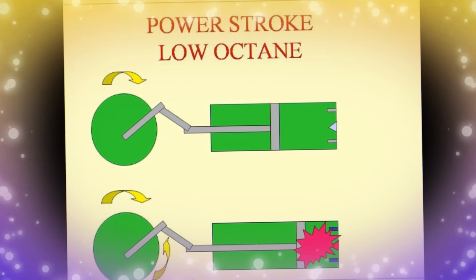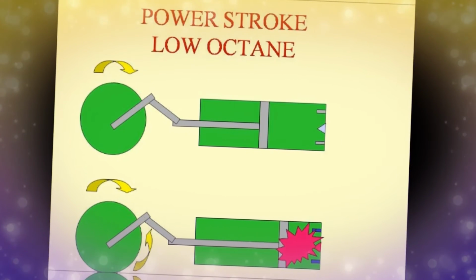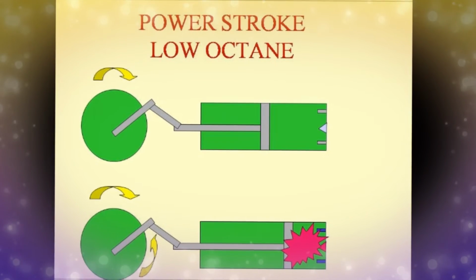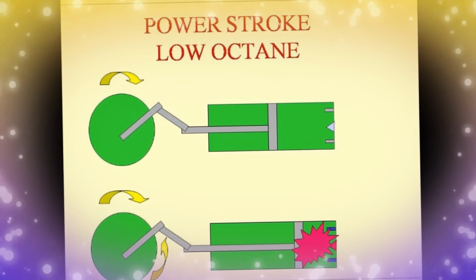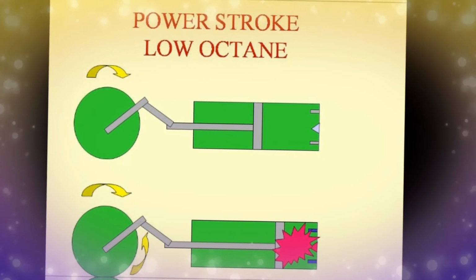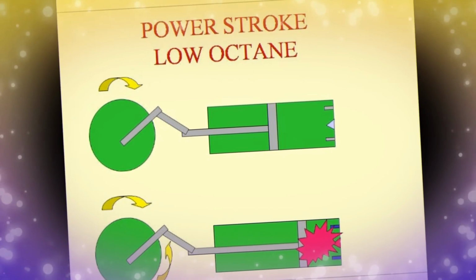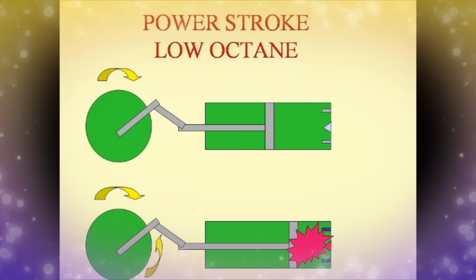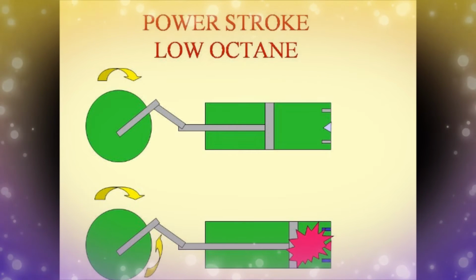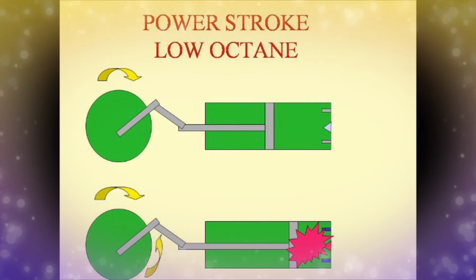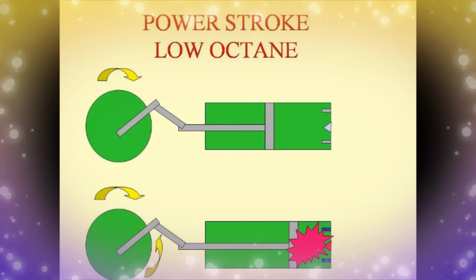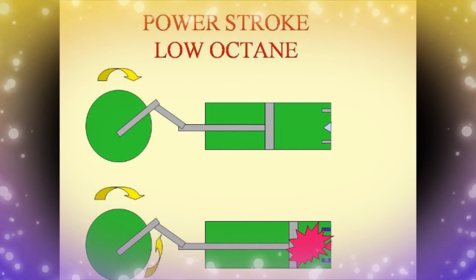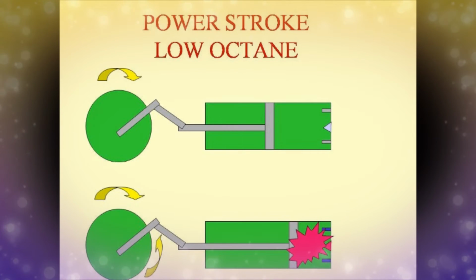As in the picture, with a low octane petrol the piston has moved only a bit further, but due to auto ignition the mixture has ignited on its own and led to abnormal stress on the piston, which is shown by the arrow marks of the crankshaft moving in both directions. Now, if we had filled the engine with petrol of the specified octane, the piston would move till the end, the auto ignition would not take place, and the spark plug would ignite the mixture.